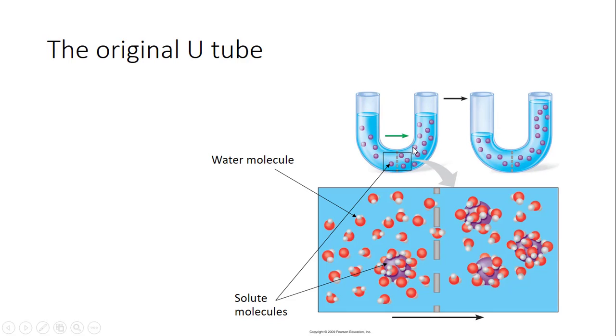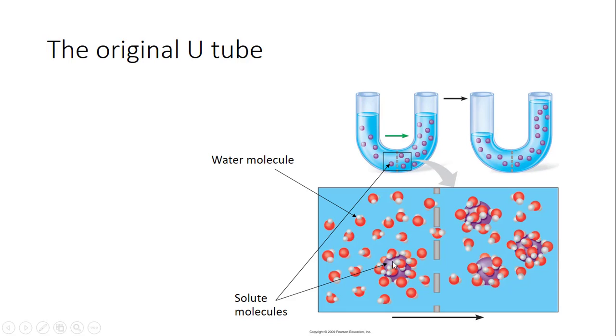That's key. These are the purple solute. These purple molecules are representing solute molecules, and if we look at them close up in this square here, you can see that the solute molecules have attracted a lot of water molecules. These are these small red and white molecules, H2O.